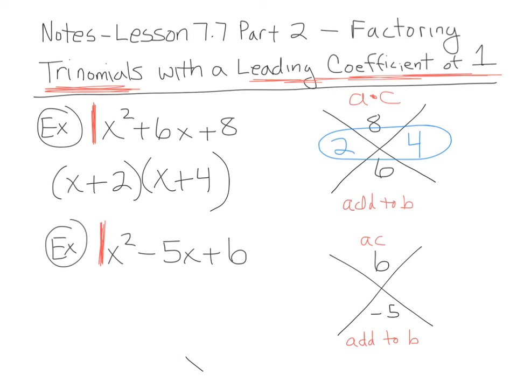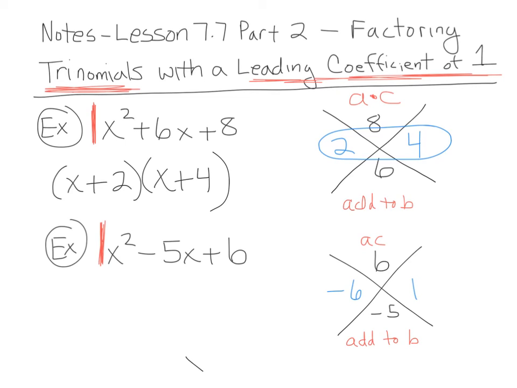All right, so what factors of 6, what multiplies to 6, adds up to negative 5? Now, some people want to use negative 6 and 1. Negative 6 plus 1 will indeed add up to negative 5, but a negative times a positive does not give you a positive 6, so that won't work. You can't use those.